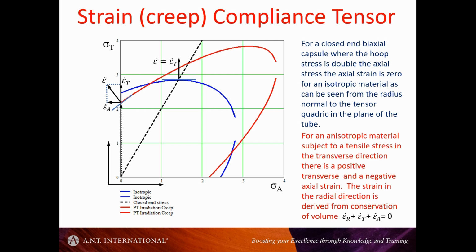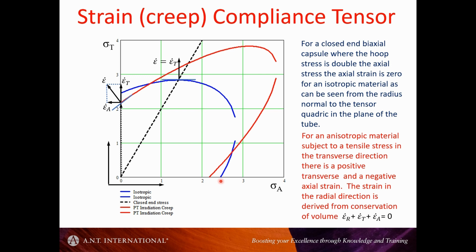Let's consider a closed-end biaxial creep capsule where the hoop stress is double. The hoop stress in the transverse direction is double the axial stress. This is the stress locus. And this blue line here is for an isotropic material.